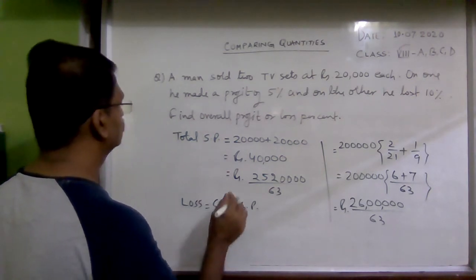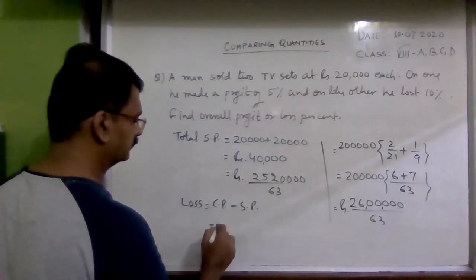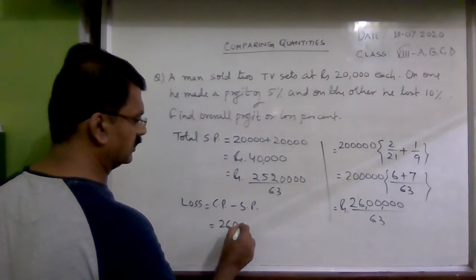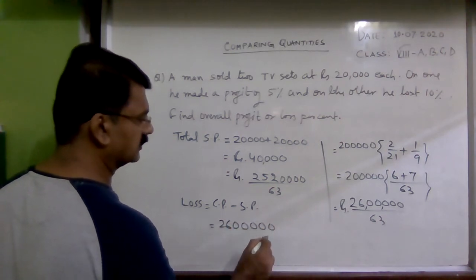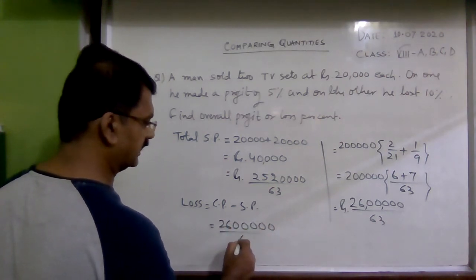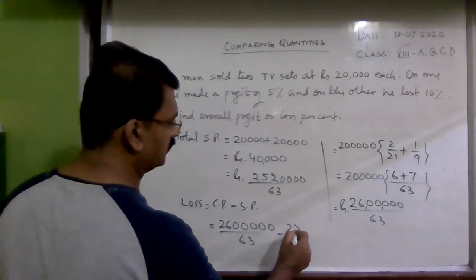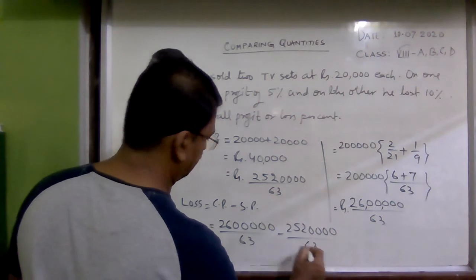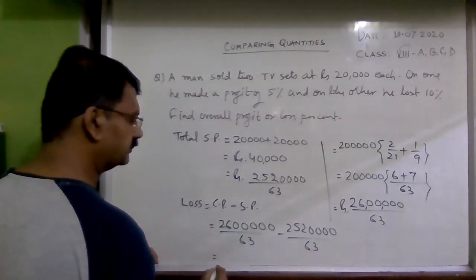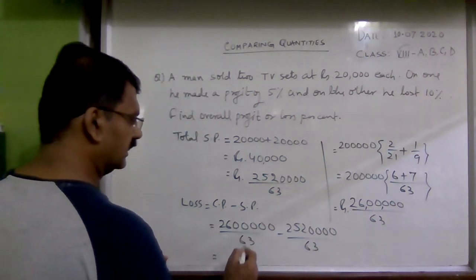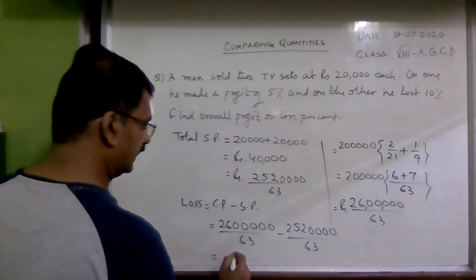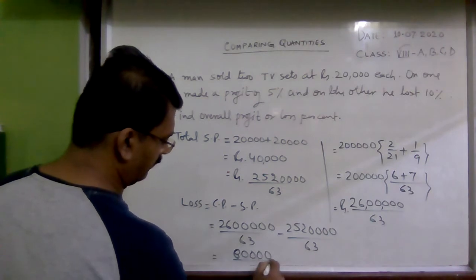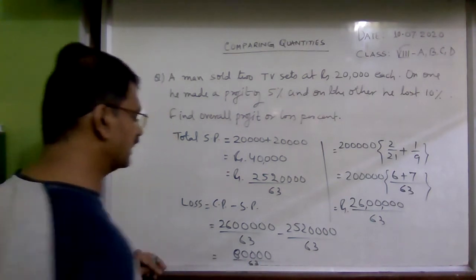That is, CP is 260000 upon 63 minus 2520000 upon 63 means 8 and then 4 zeros upon 63. So this is the loss.